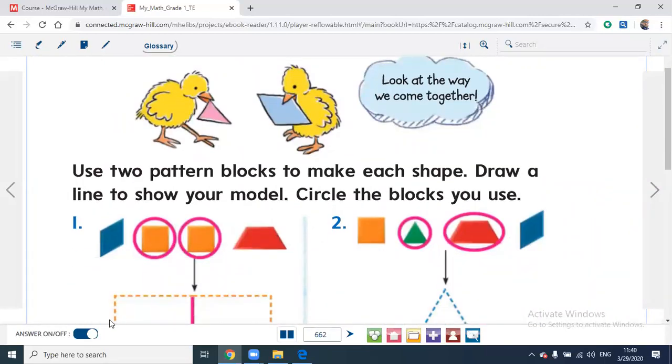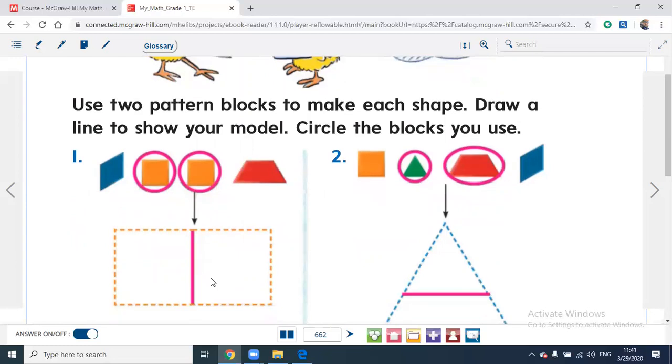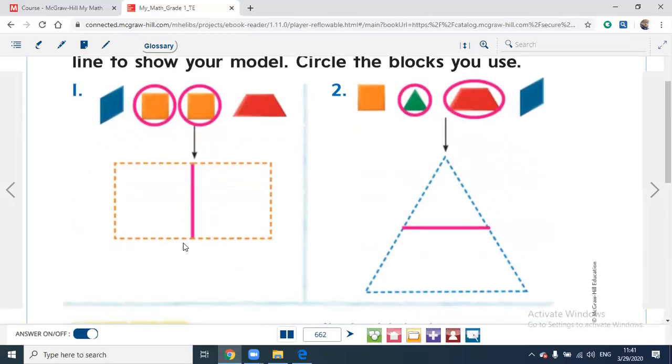As we see here, in examples number 1 and 2, use two pattern blocks to make each shape. Draw a line to show your model. Circle the blocks you use. As you see here, I have this large rectangle, and I can use two squares.